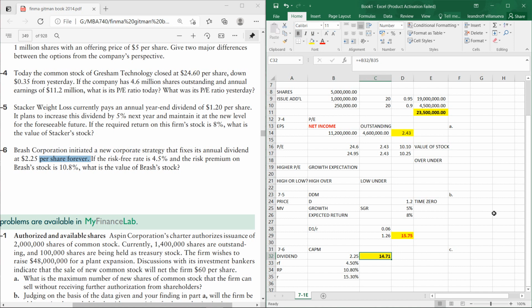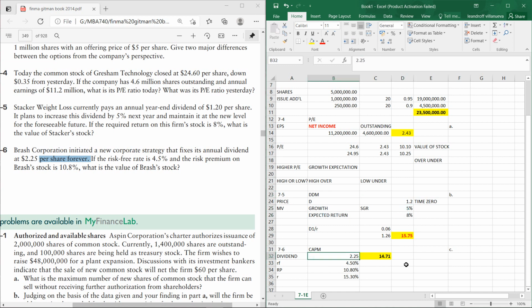7-1 to 7-6. Okay, so ano yung mga model na ginamit natin in valuing stocks? We have the multiples and we have the dividend discount model, with a growth rate, constant growth.